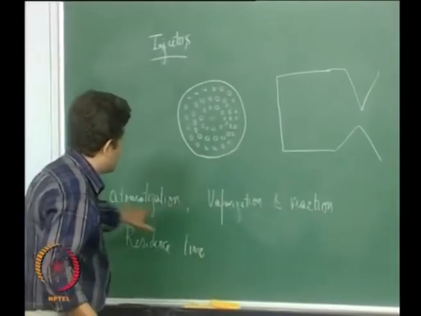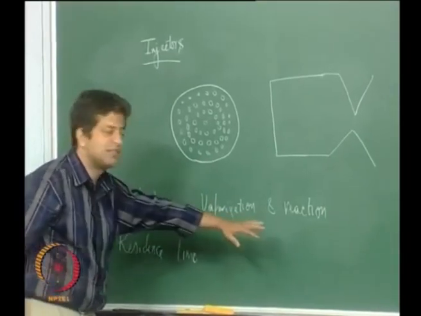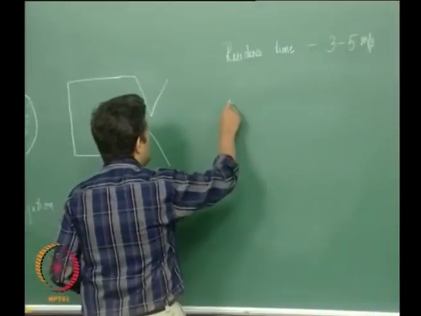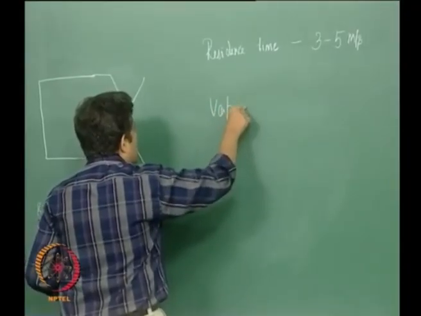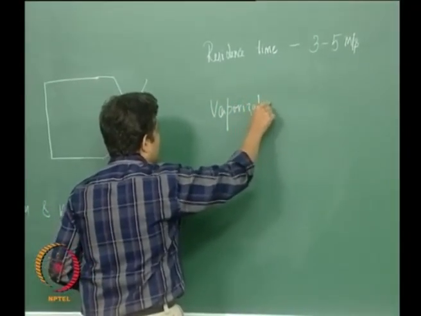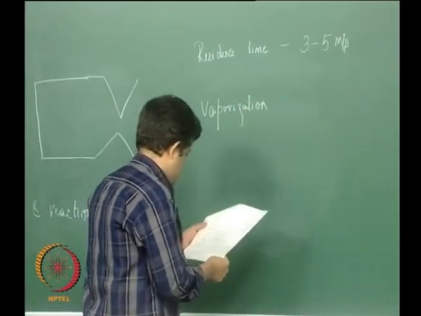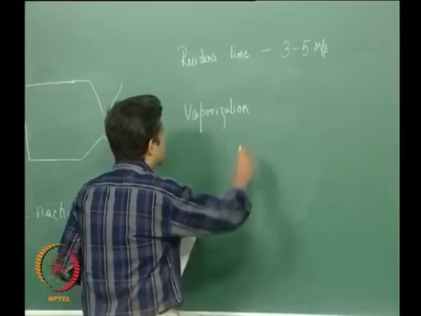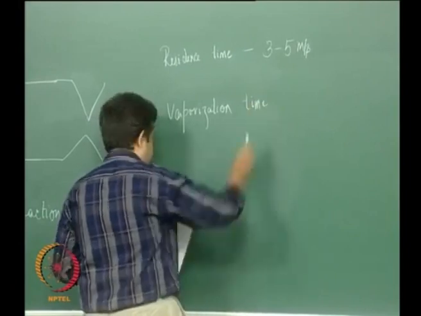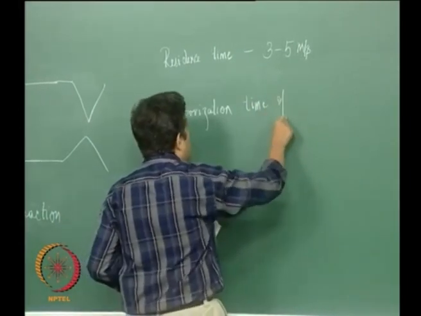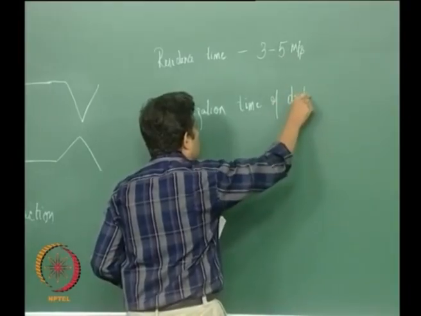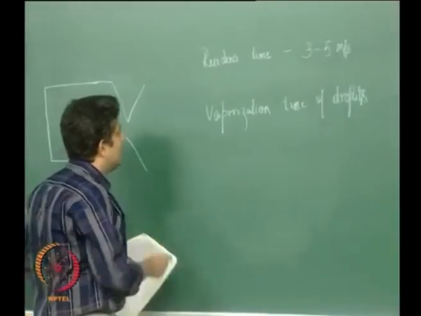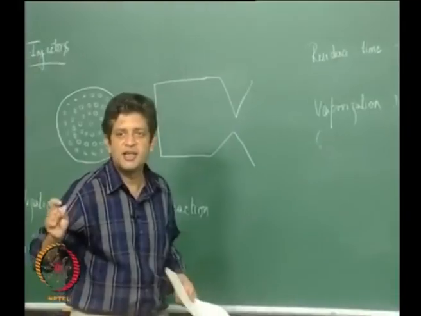Now let us look at the typical times for these three events to happen. The vaporization time of droplets is a strong function of the size of the droplet.